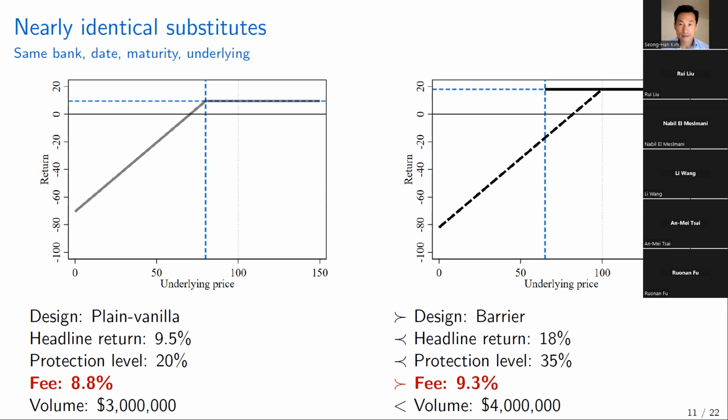If they did that, they would see that the simple security is actually cheaper. They are both very expensive, both charging around 9% in annual fees, but the simple security is cheaper. Yet what I observed in the data is that there were higher sales volumes of the more complex security. So this would be consistent with the choice being driven by these headline rates, an overweighting of these headline rates, as opposed to the fee of the security.